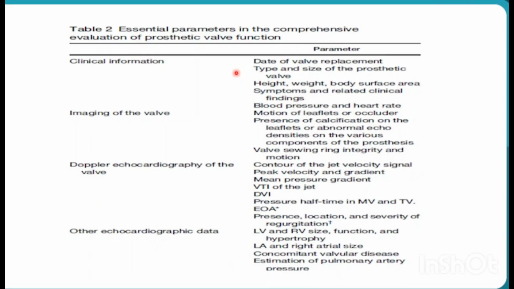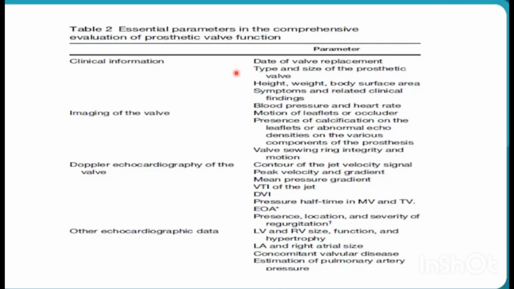For bioprosthetic valves also, degenerative prosthetic dysfunction can be roughly assessed by knowing the date of valve replacement. Then another important parameter is height and weight, with which we calculate the body surface area.